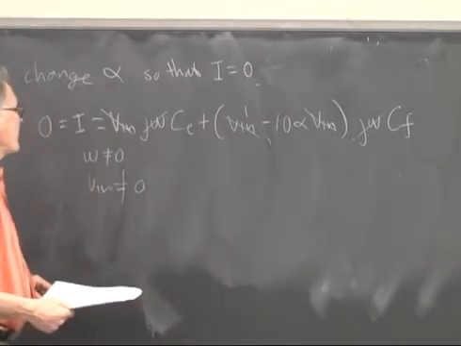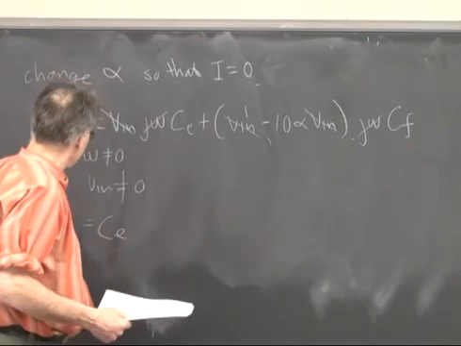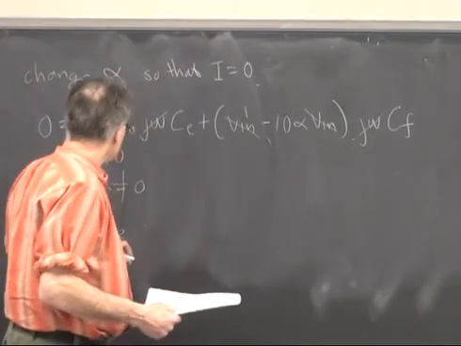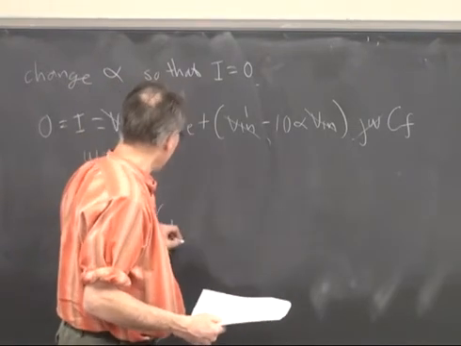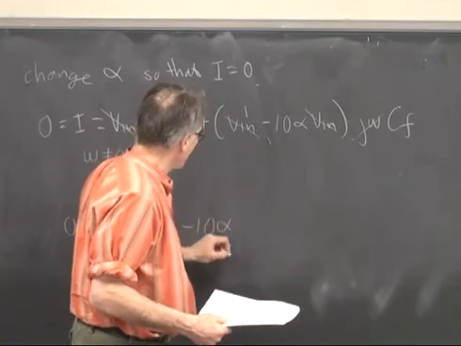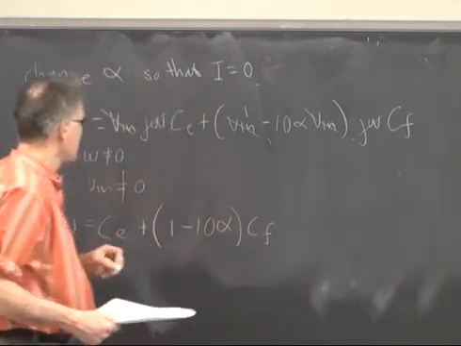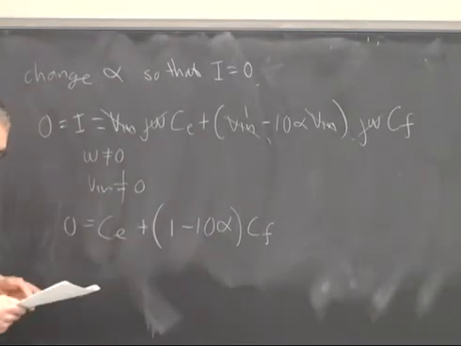And so we find that CE is equal to plus 1 times 1 minus 10 alpha times CF. So 0 is equal to CE plus 1 times 10 alpha plus CF.